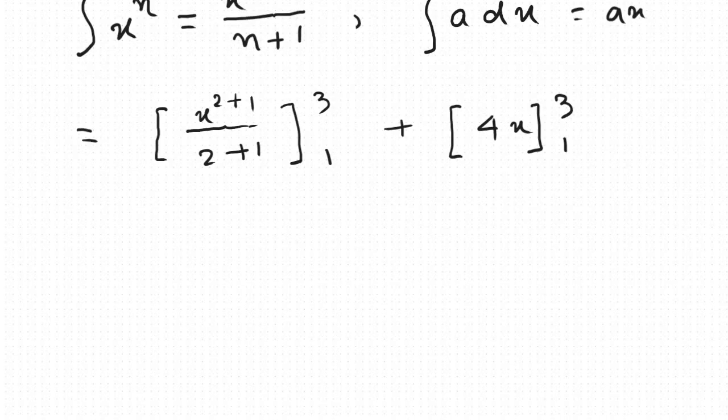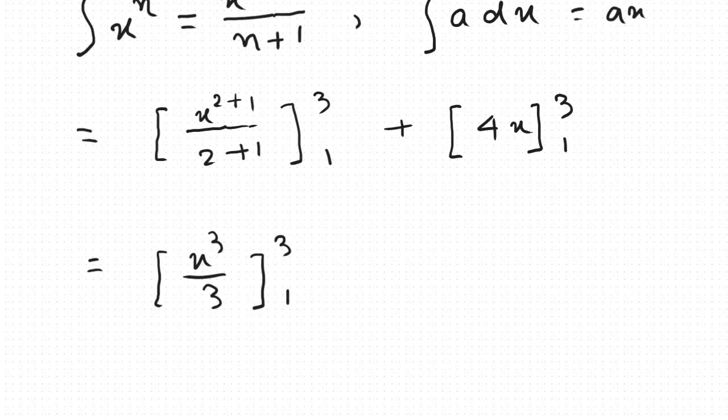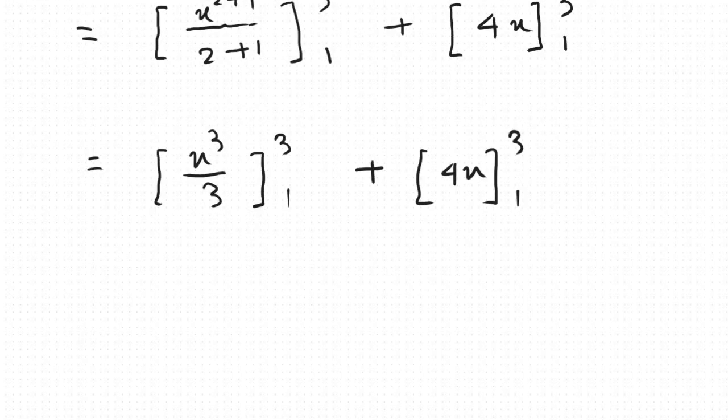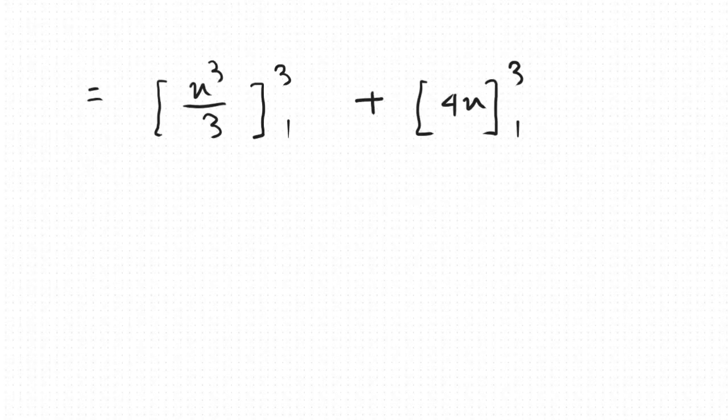Next we can write x cubed by 3, upper limit 3, lower limit 1, plus 4x, upper limit 3, lower limit 1. Then we can put the value of the limits.